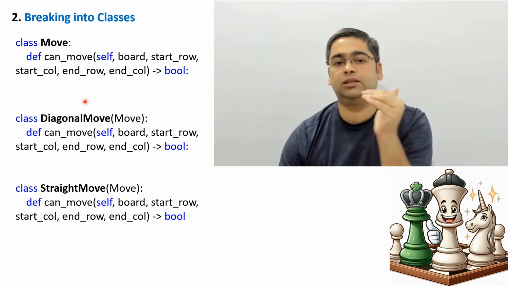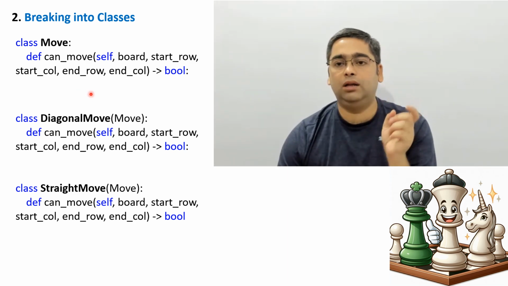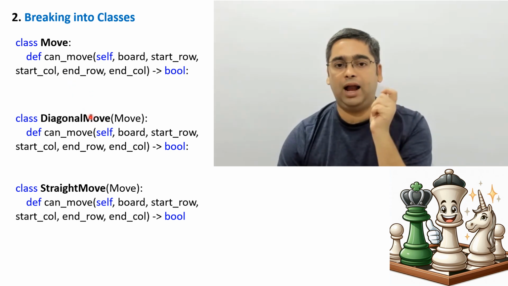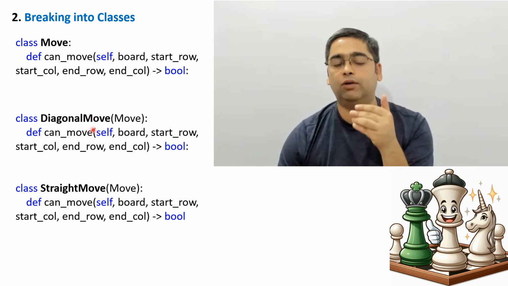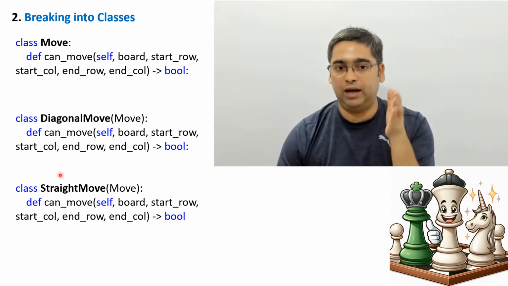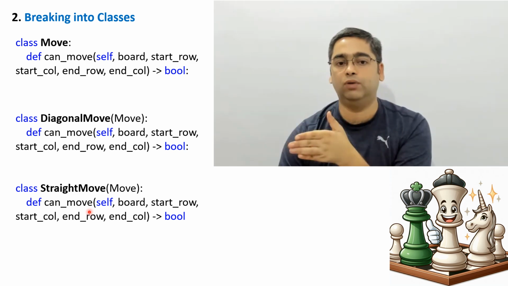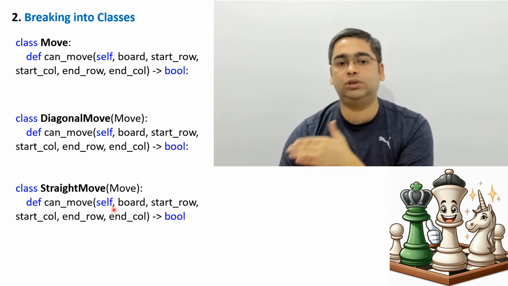Other classes like the chess piece class will depend on it. If you remember earlier, the queen and the bishop both can move diagonally, so they share a move. And again the queen and the rook both can move straight, that is horizontal or vertical. So again queen and rook also share a move.